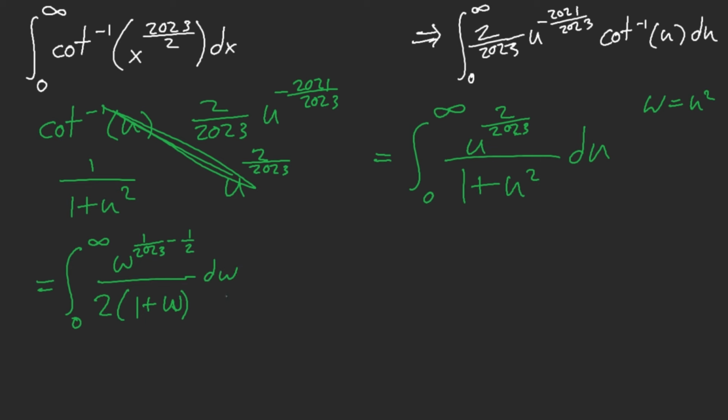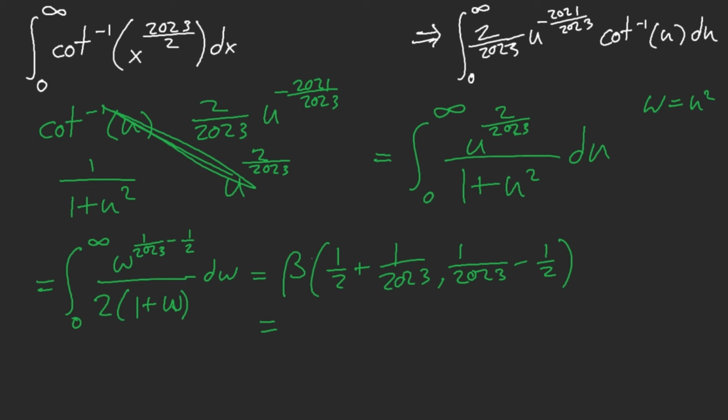Now, as you can see, this is simply a beta function. We already know where this is going, right? This is just Euler's reflection, but with the secant function.